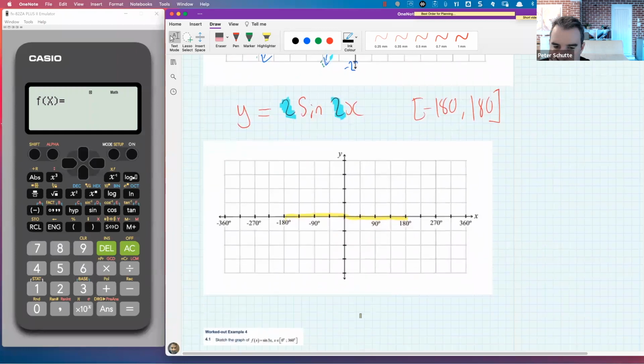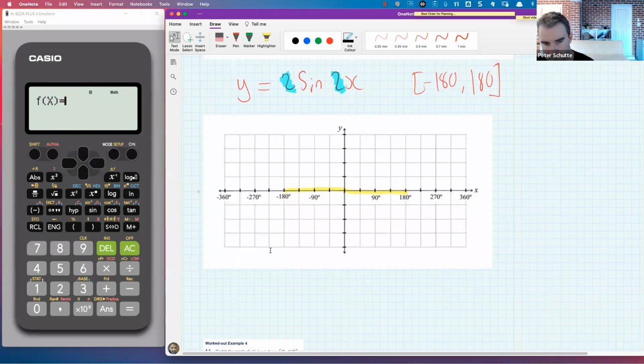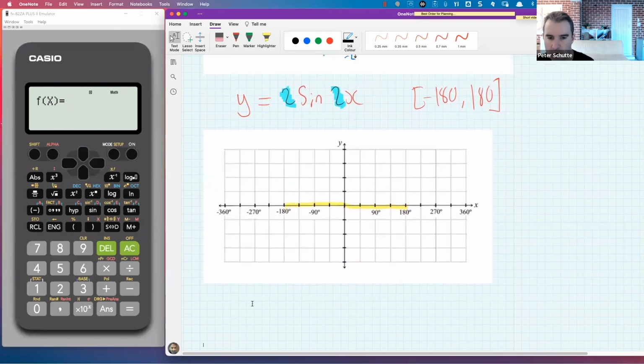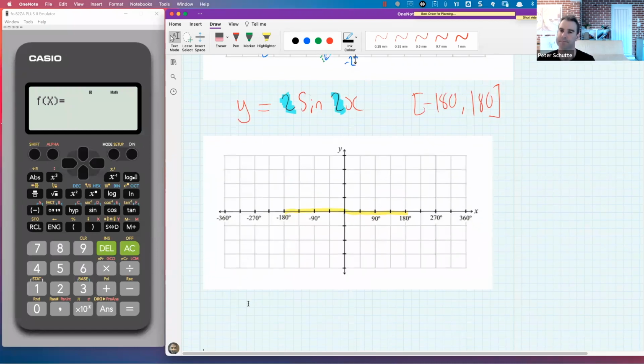Draw me that. What is your question? So are there supposed to be brackets around?